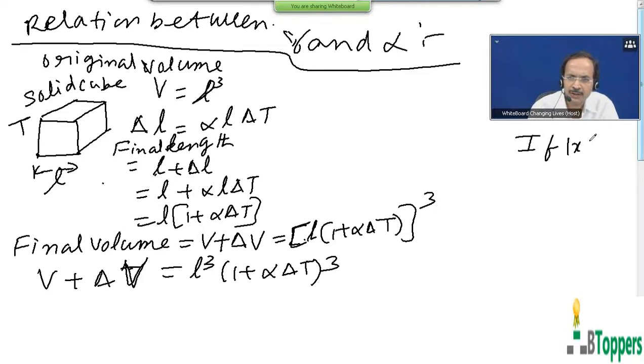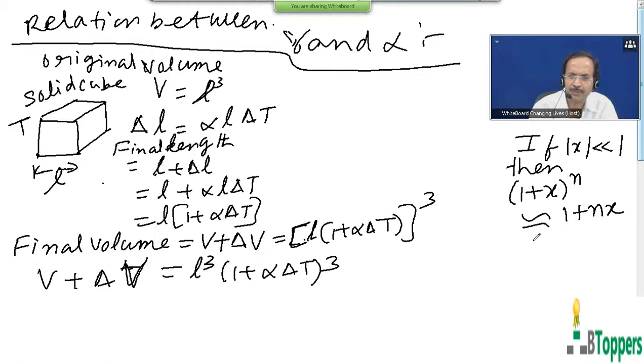In general, if the modulus of x is very, very small compared to 1, then 1 plus x whole power n can be nearly taken as 1 plus n into x. That means when you neglect the terms containing x square, x cube, etc., you get this expansion. Here n is a rational number.